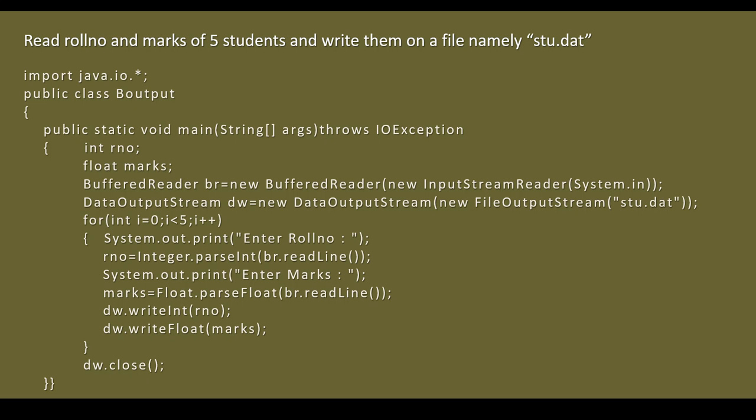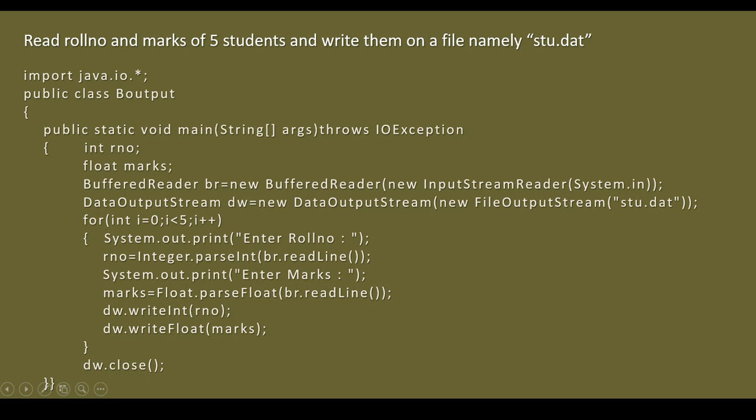Okay, if you want to convert any string to integer, you have to use Integer.parseInt. Okay, this is a statement which will convert whatever value. Because Java always accepts the input as string, that string will be converted to integer and it will be stored into the variable. So that is the line. And within parenthesis, you got br.readLine.